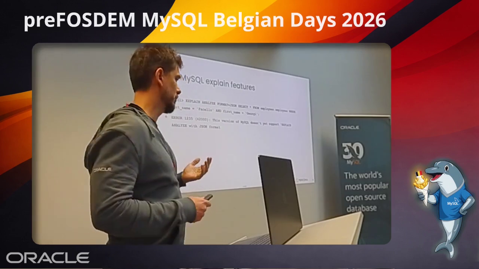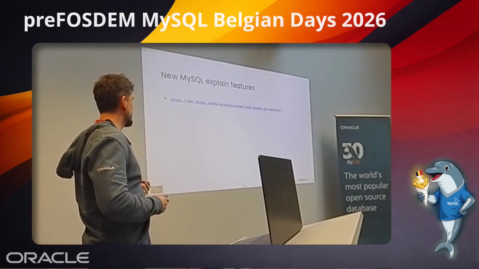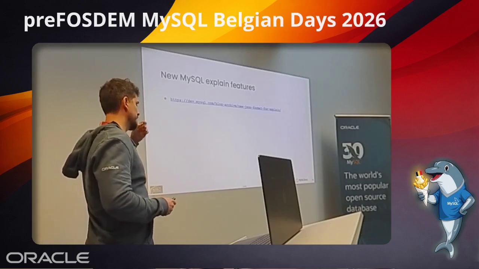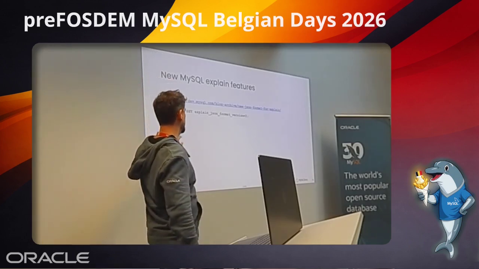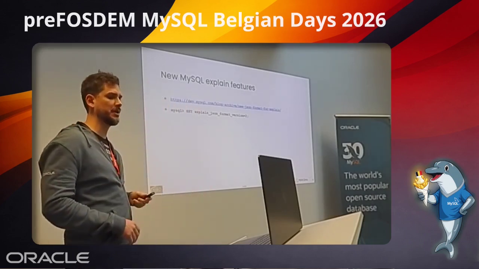And the beauty of the JSON format, you can check in the blog post, is this new setting where you can use version 2 of the EXPLAIN format JSON.